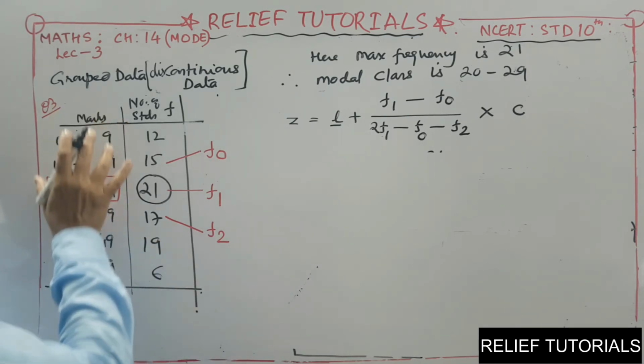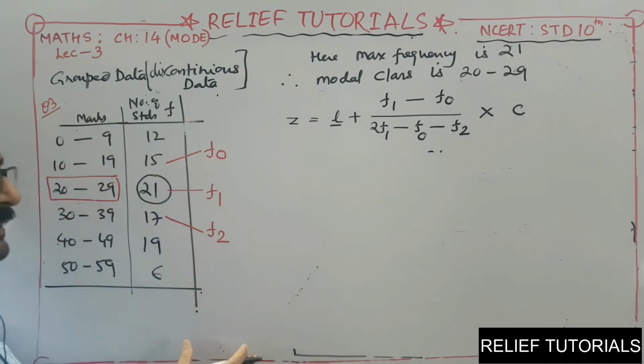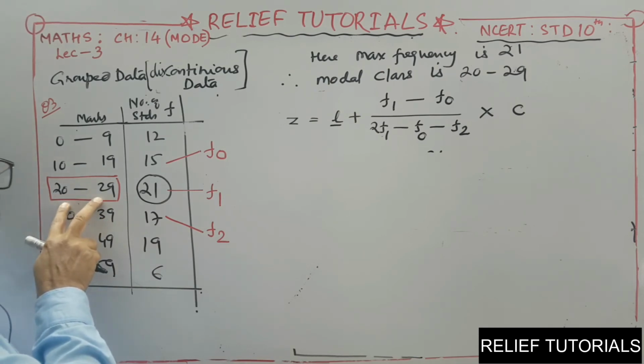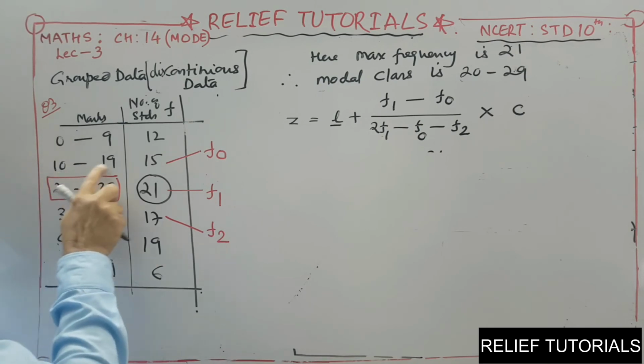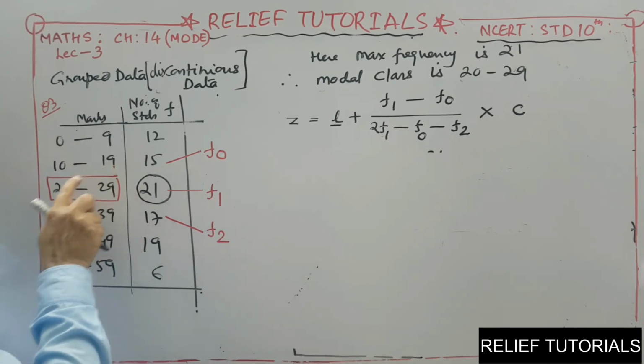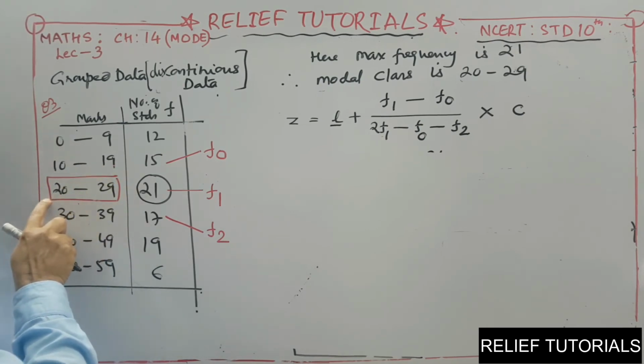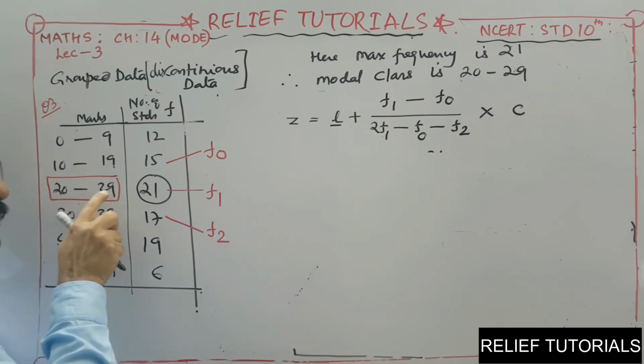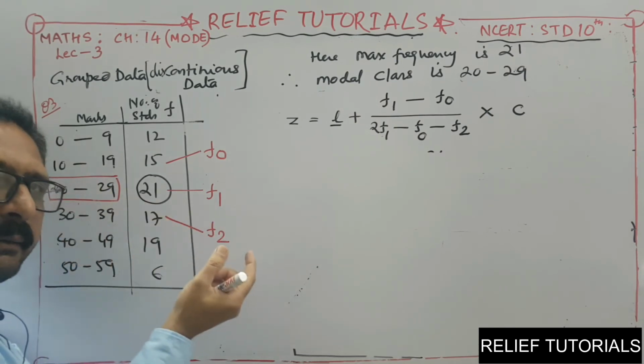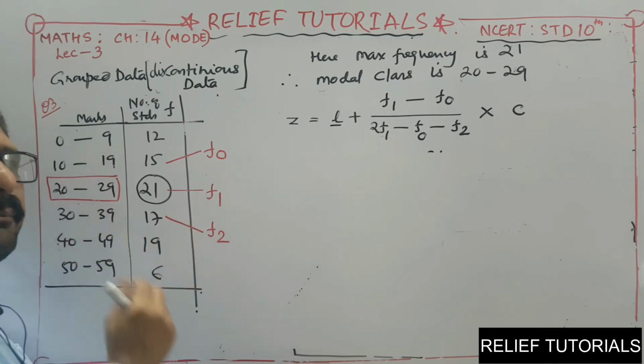Instead of writing boundary points for all classes, we will write them just for this modal class. The difference between 19 and 20 is 1, so you subtract 0.5 from the lower limit and add 0.5 to the upper limit to get the boundary points.